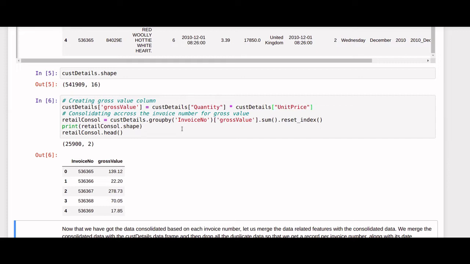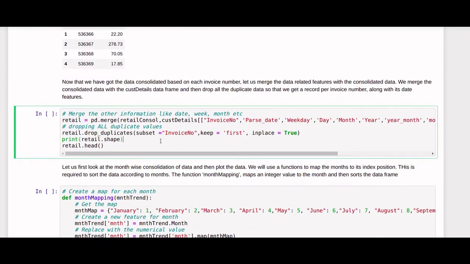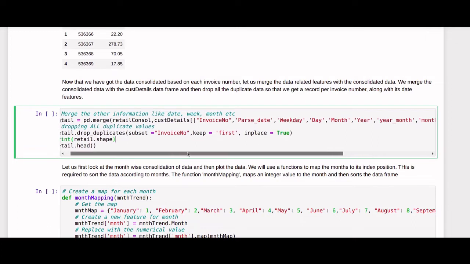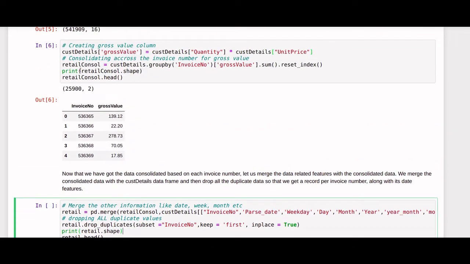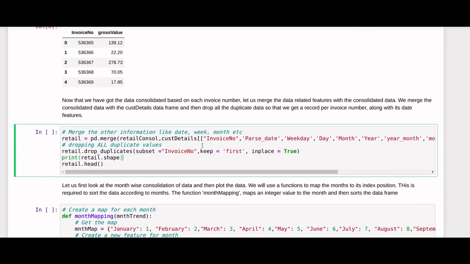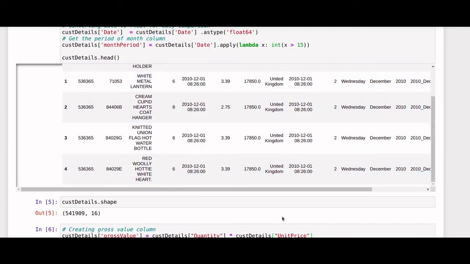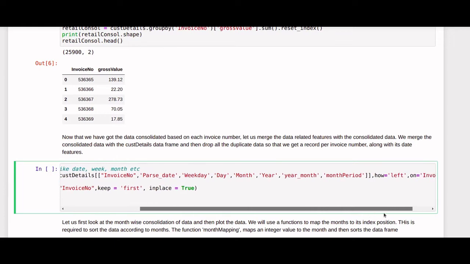And then after this, we will try to merge the other details into these unique invoice number details. So let's merge these. What are the details which we are going to merge? We are going to merge the retail data, that is this invoice number, which we've aggregated across the unique invoices, with the earlier details, and we only want the invoice number, past date, weekdays, day, month, year, etc., and month period.